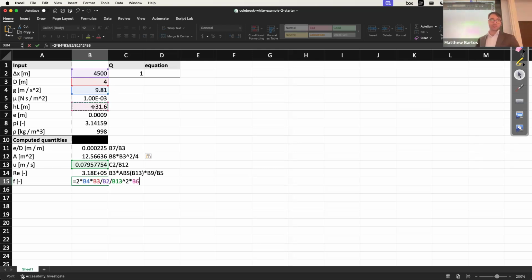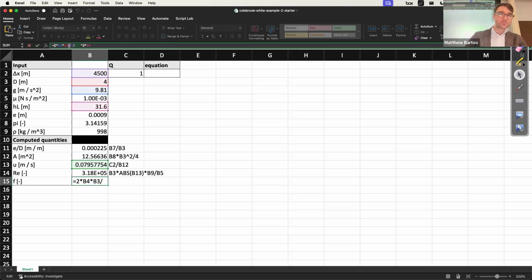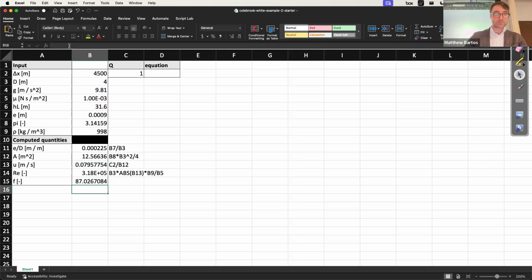And let me know if I made a mistake there, because I kind of lost my focus for a second. So that's 2 times G times D divided by delta X divided by velocity squared, all times the head loss.